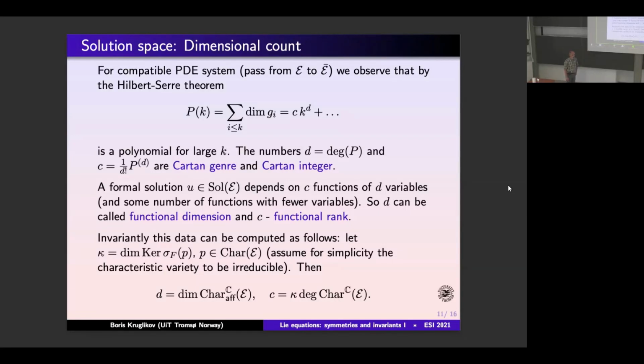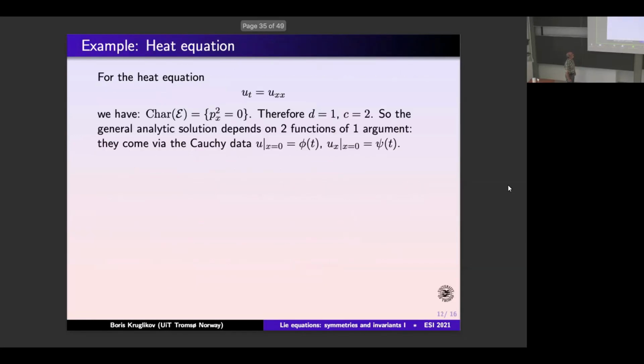Okay, so let me show some examples. The first example is a simple one, everybody knows it, but discussion shows that there is some misunderstanding about it: the heat equation. If we just do the previous story, the equation is u_t = u_xx, the top derivative is u_xx, and we drop everything else since it's a linear equation. So it's like dx squared.